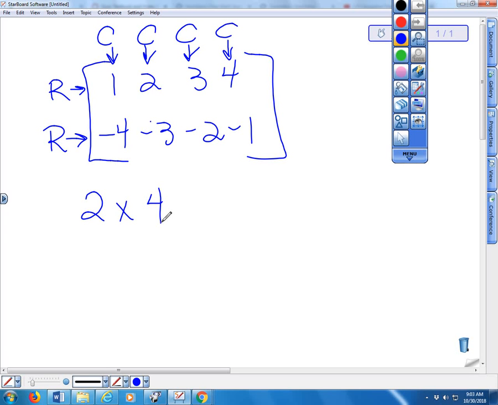If matrices have the same number of rows and columns, 3 by 3, 4 by 4, 6 by 6, 2 by 2, they're called square matrices.